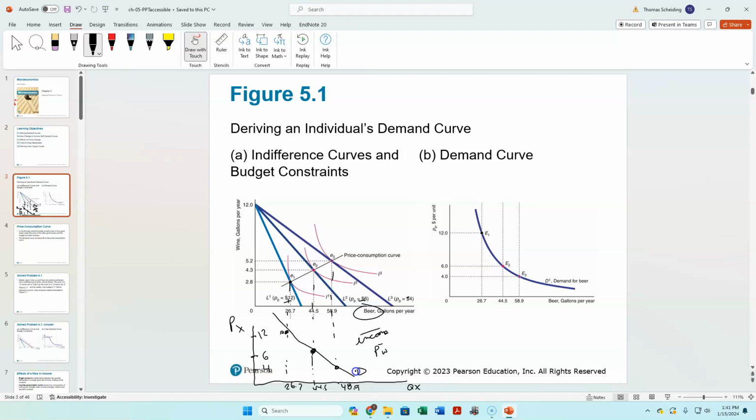But now what we also see is true is that all points on the demand curve are optimal in terms of the indifference curve and budget constraint space.